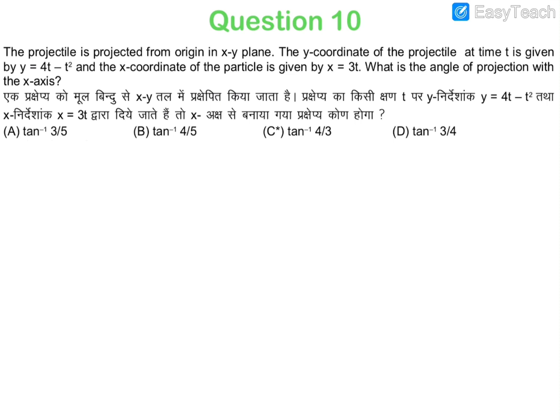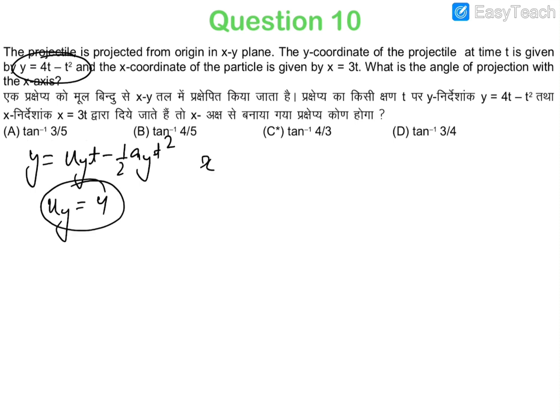This is also a very simple question. So you know that if we apply the equation of motion in y, then y is equal to uy into t minus half ay into t square. And if we compare it with this equation, then uy can be seen as 4, and the x coordinate is ux into t.